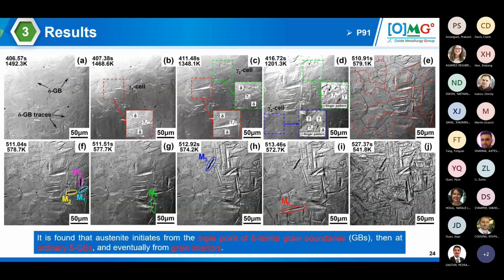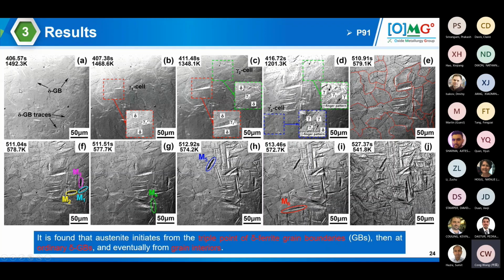And for the final one, P91, we actually have a quite different scenario. In the prior two cases, you are seeing the bainite formation, and for this P91, what you are seeing is delta ferrite formation here, followed by gamma cell formation. And after this, you are seeing martensite formed there.